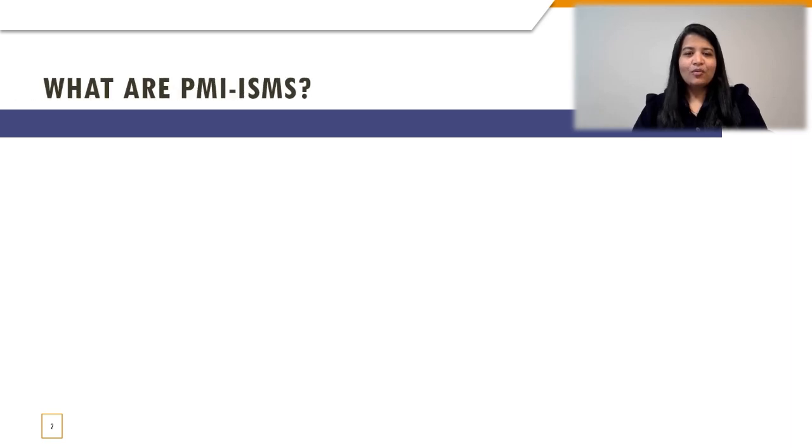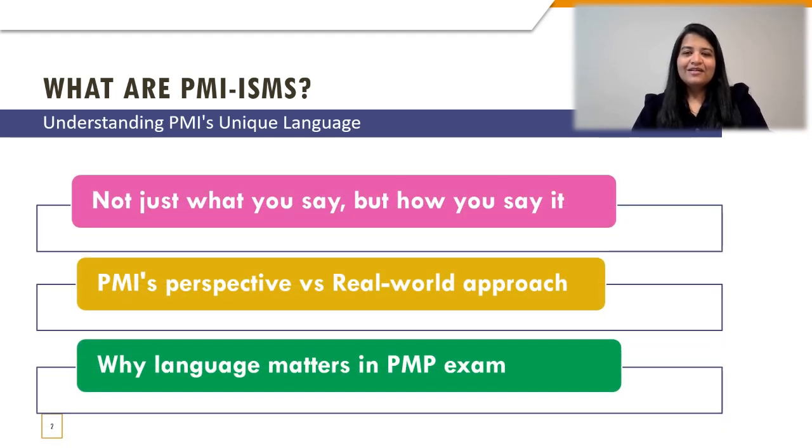So let's look at what those specific language patterns are, which we term PMI-isms. Think of PMI-isms as PMI's special dialect. It's not actually English, it's project management English. What makes this tricky is that sometimes the correct PMI answer doesn't align with what you do in real life.